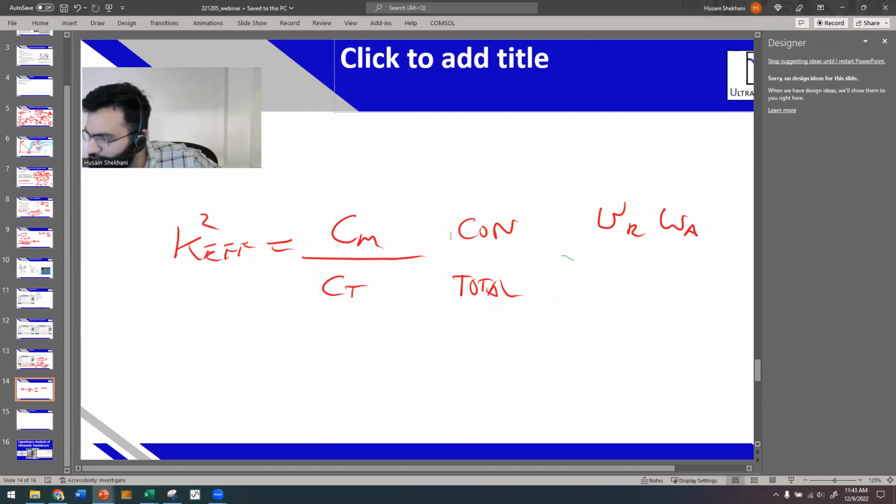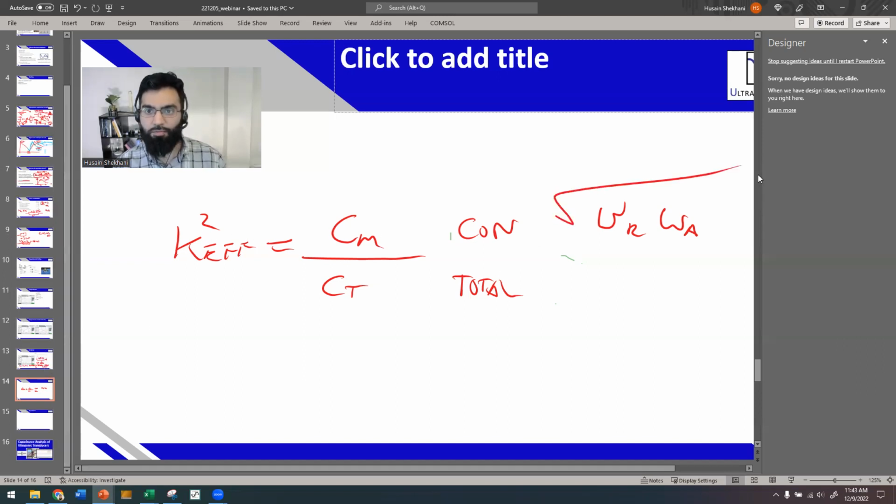I don't know if anyone on this call knows why people square it or don't square it. This is a traditional representation of coupling factor, that it comes squared. I don't know why they do it. If anyone does know, please feel free to put it in. I've thought a good amount about it, but I'm not sure why people insist on putting a square root here.